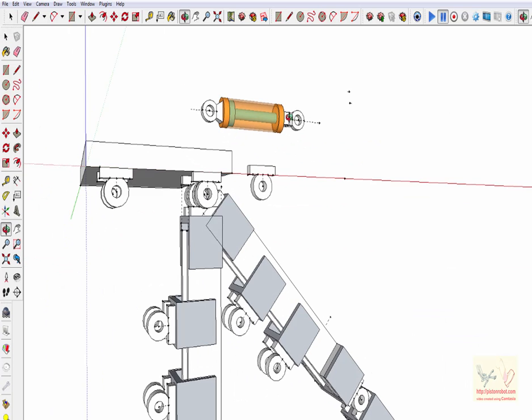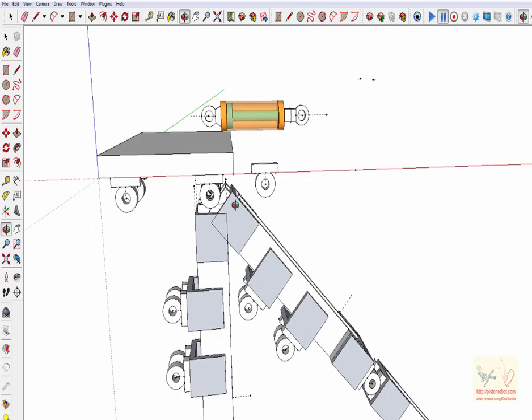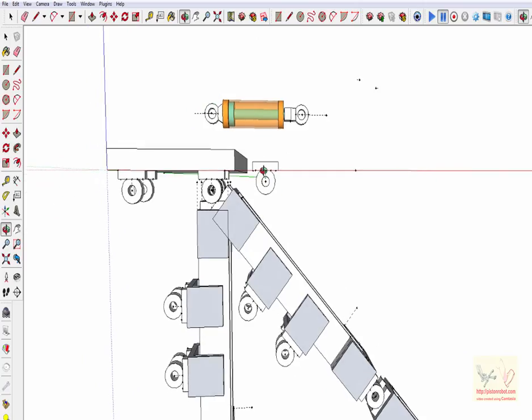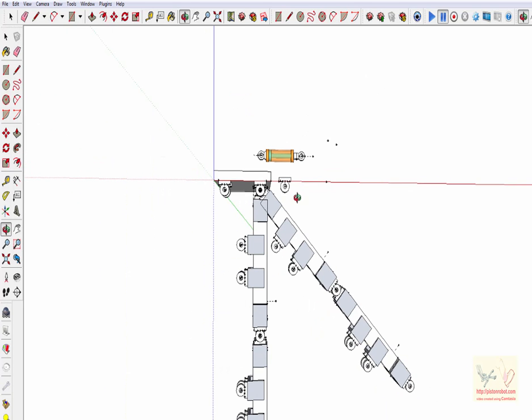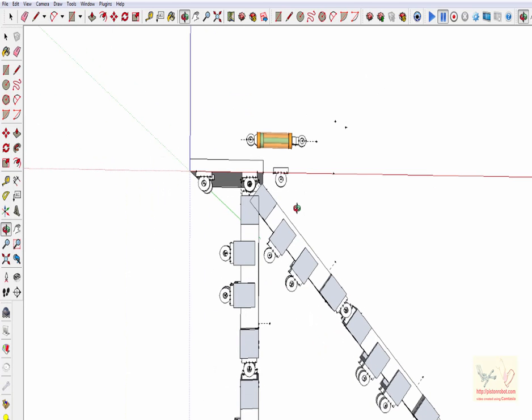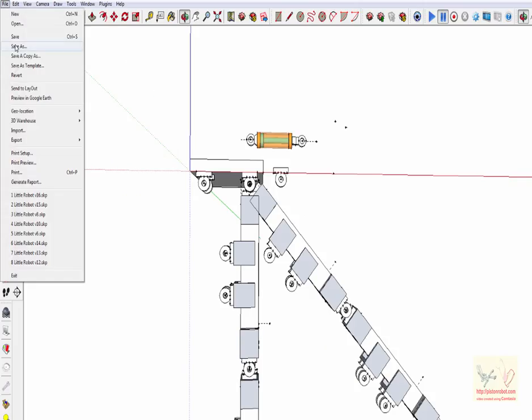at least for demonstration purposes, a perfectly adequate piston, a perfectly adequate hydraulic cylinder for us to demonstrate issues associated with sensing and measurement. And we will save this.